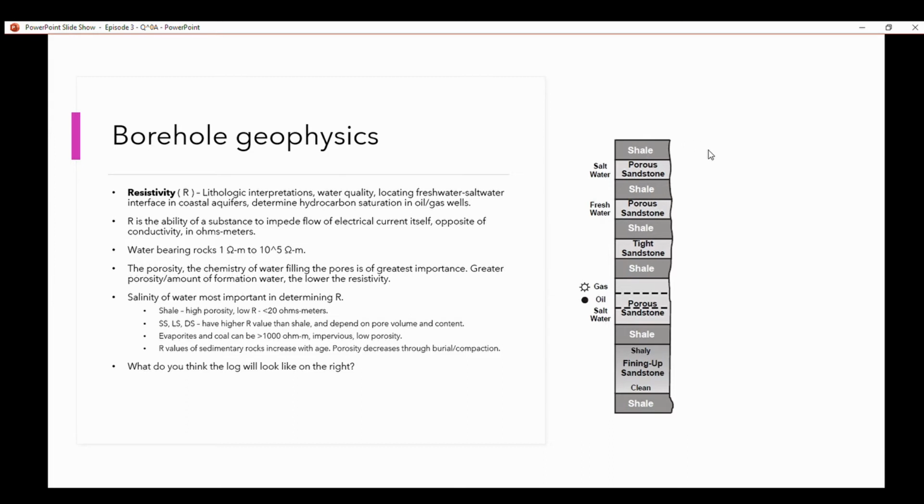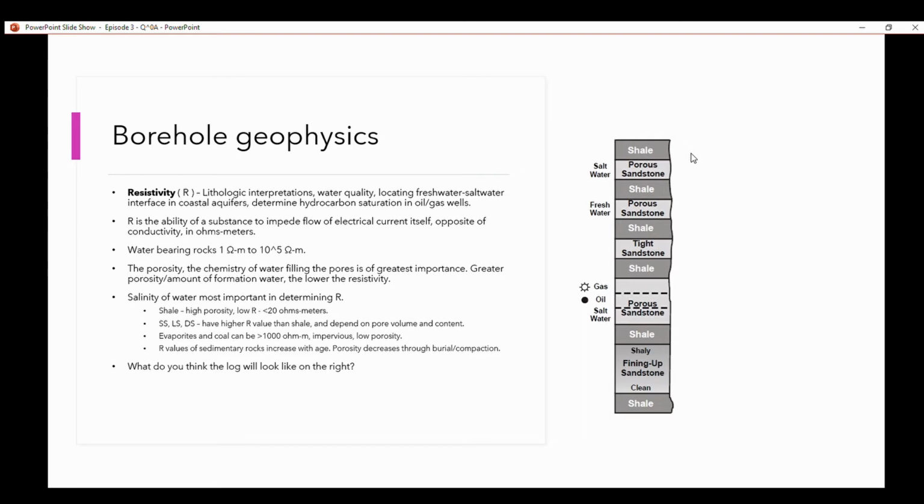It's kind of the same pattern. You have porous sandstone, so that's going to have a lower R, I believe, but shale has a high porosity, so at most it's probably just going to increase a little bit and do this pattern.